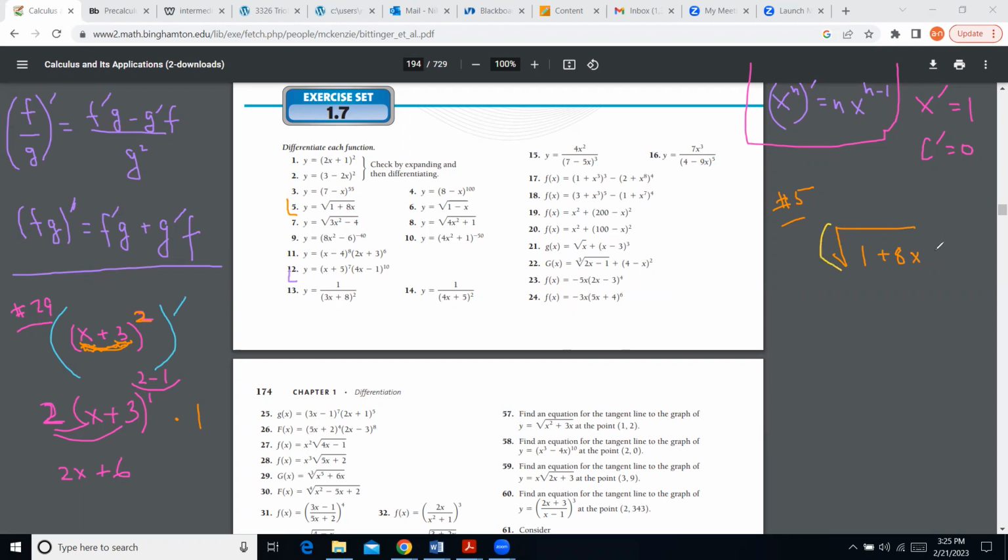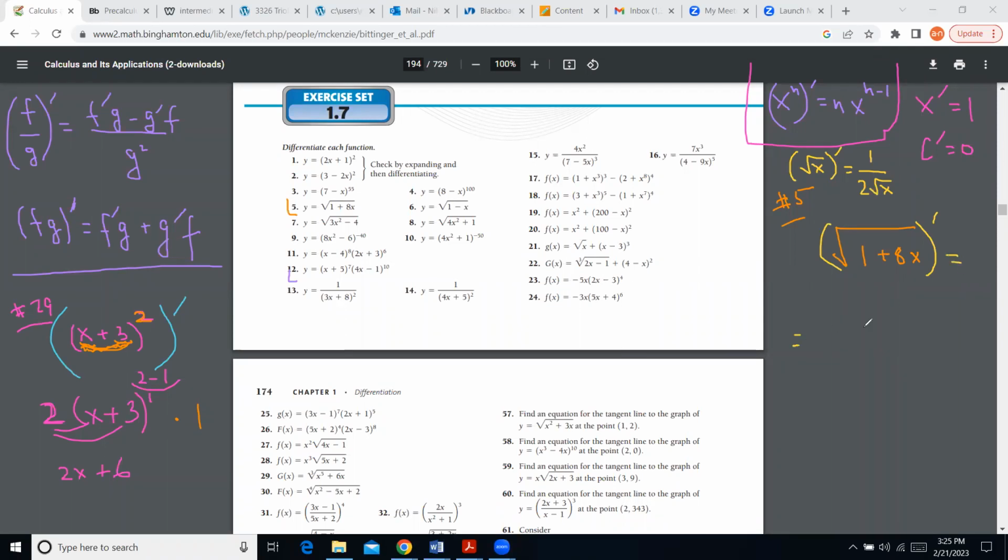And since it's a square root, I guess it'd be a good idea to recall the way the derivative for square root formula was. Remember, 1 divided by 2 of those square roots, right? 1 over 2 square roots. So that's what I'm going to utilize here as well.